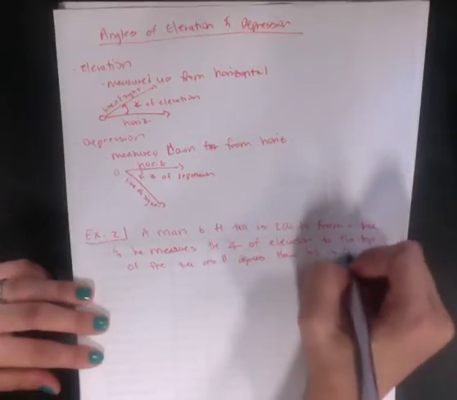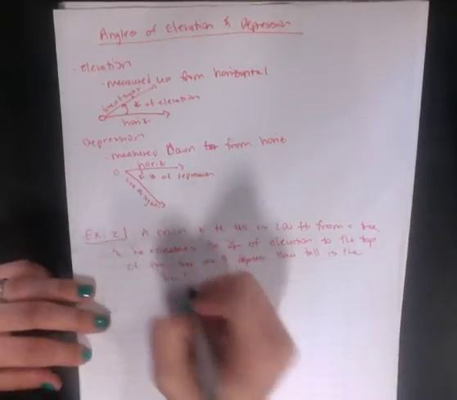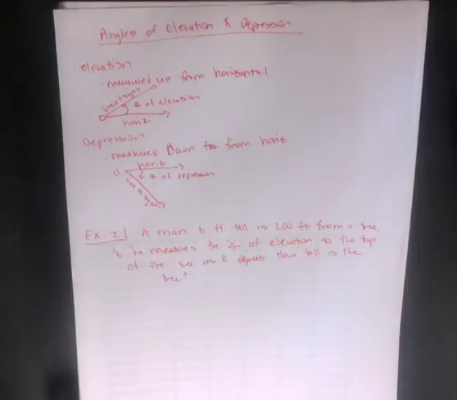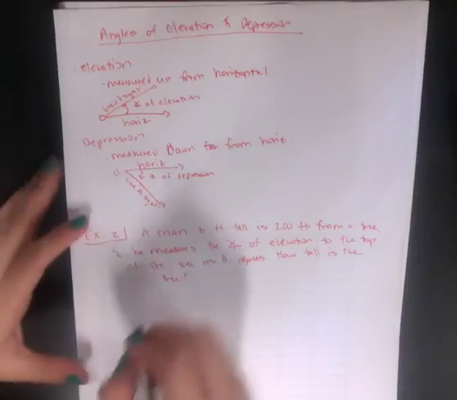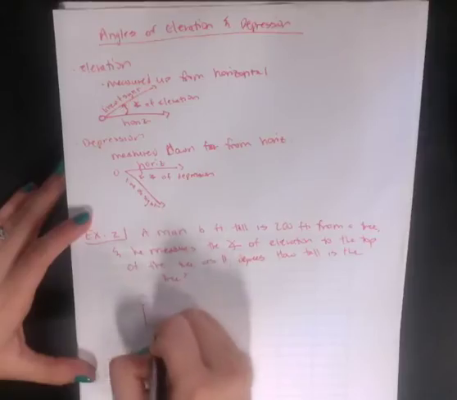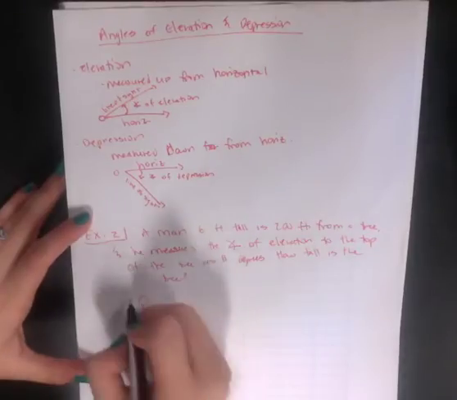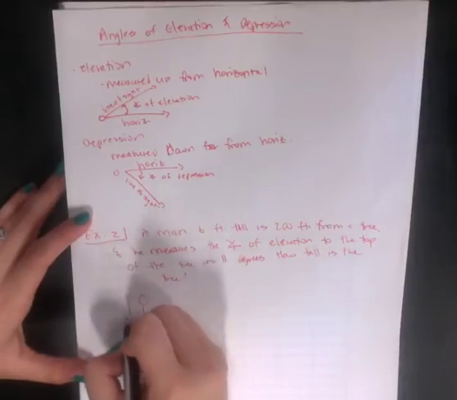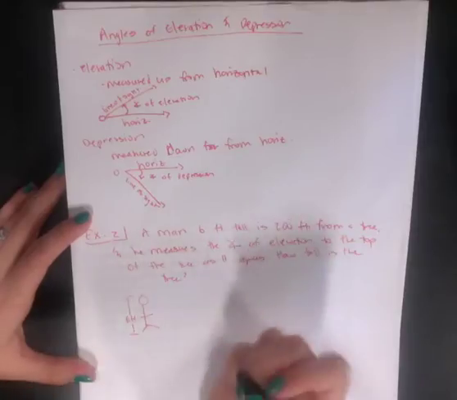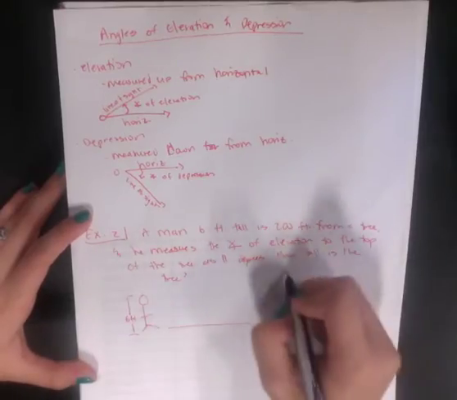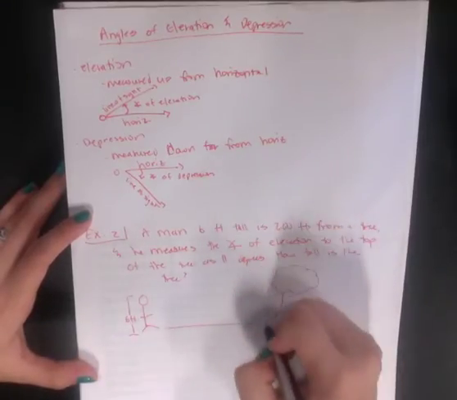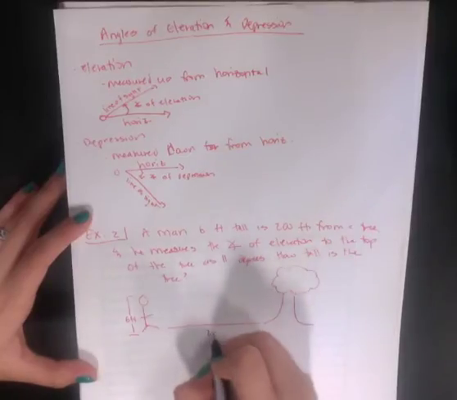How tall is the tree? So first things first, you should always, always, always draw a picture. So this is my man, and he is 6 feet tall. And he's standing 200 feet away from a tree.